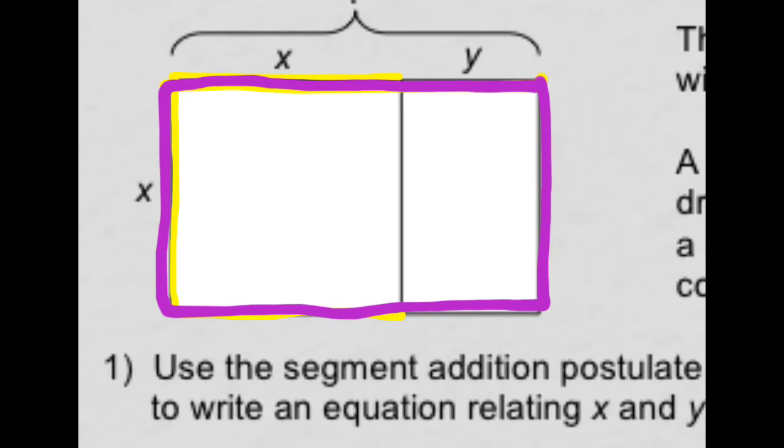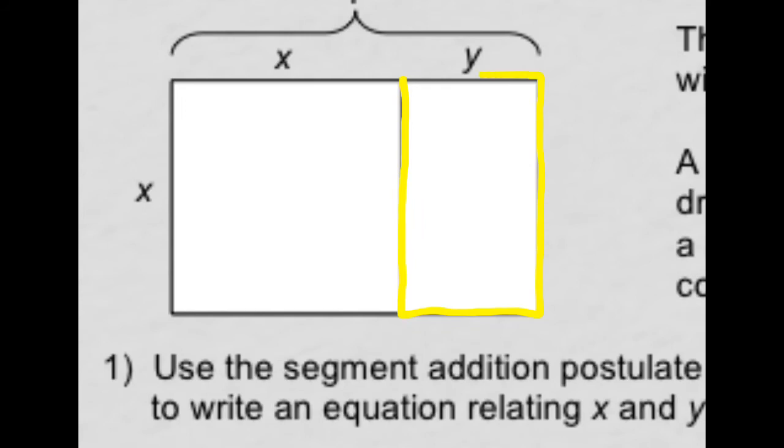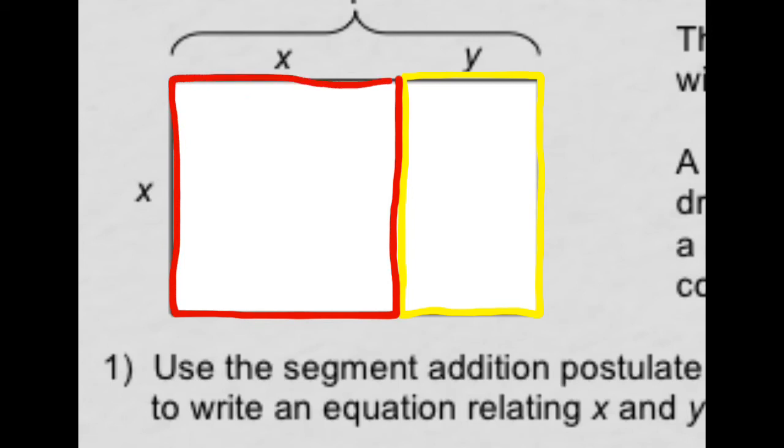So, what if we erase this and we drew this rectangle again, and this time we said, alright, well, last time when we took out a square, the remaining rectangle was proportional to my large rectangle.